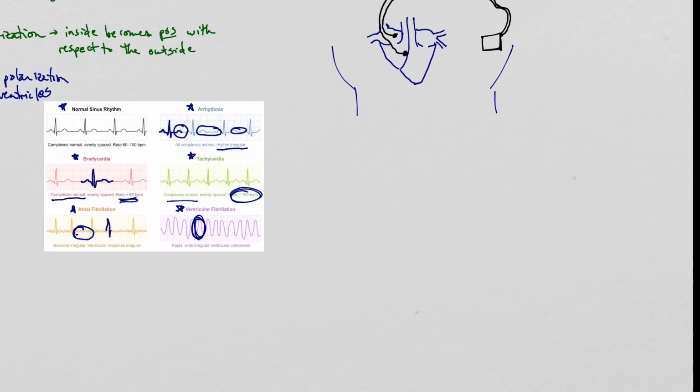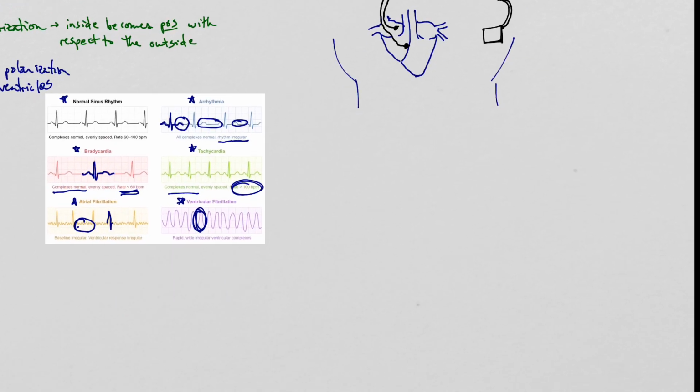So if all else fails with a heartbeat, you know that they also use those machines called paddles, where they put them on you and they go clear, and then all of a sudden you jump off the table and all that kind of stuff. So that is called a defibrillator. And a defibrillator is designed to depolarize the whole heart.